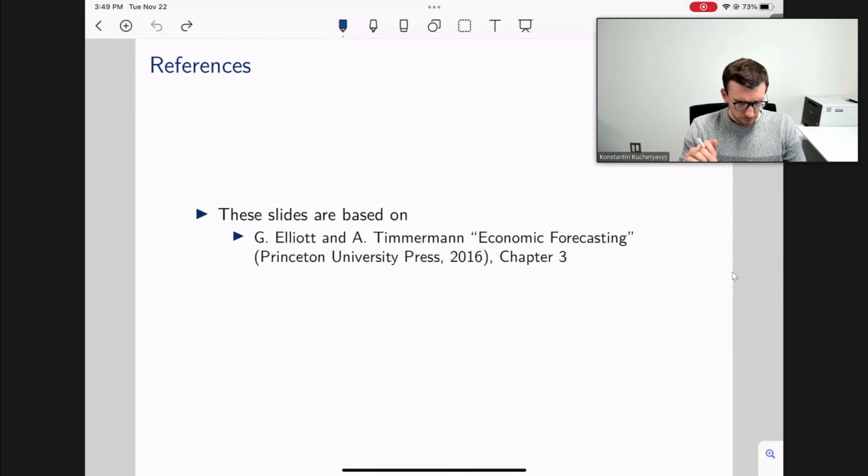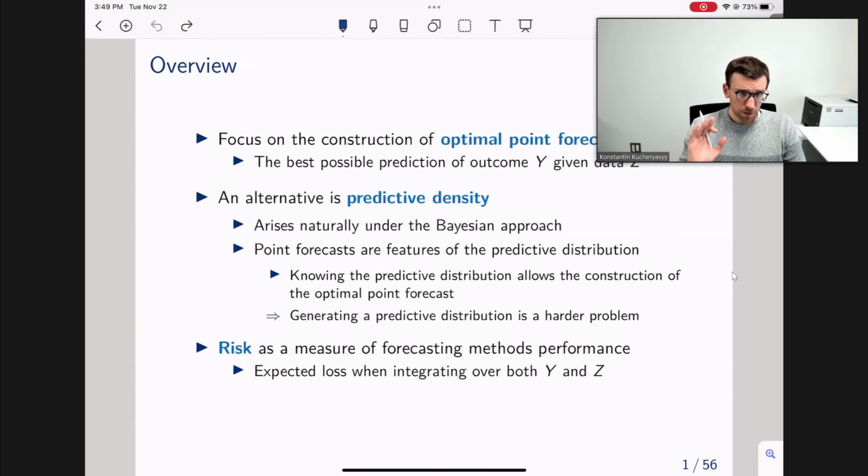So in this lecture, we will be focusing on construction of optimal point forecasts. That is, we just have data Z, and we want to give the best possible prediction of outcome Y. The alternative is predictive density.